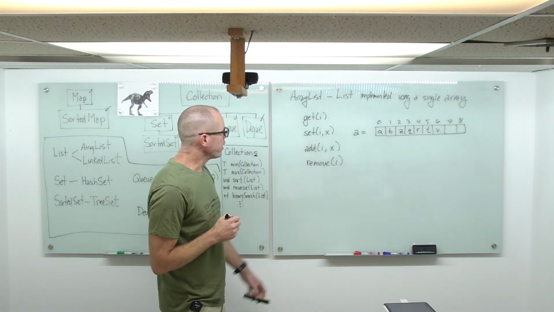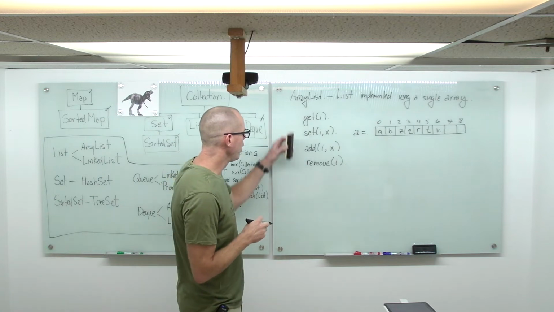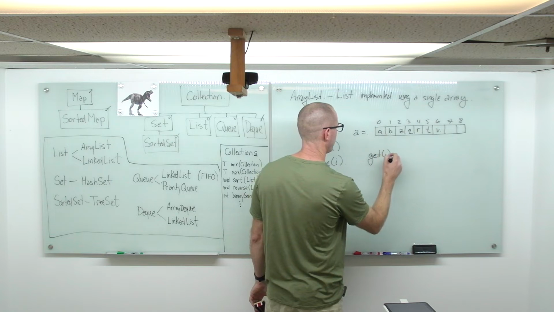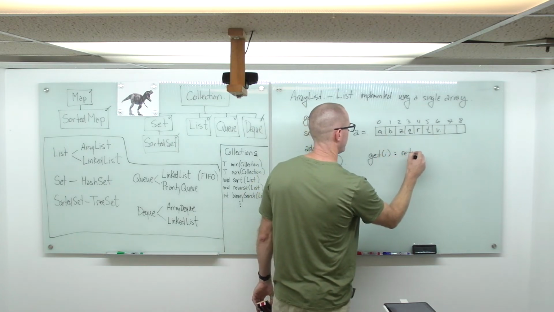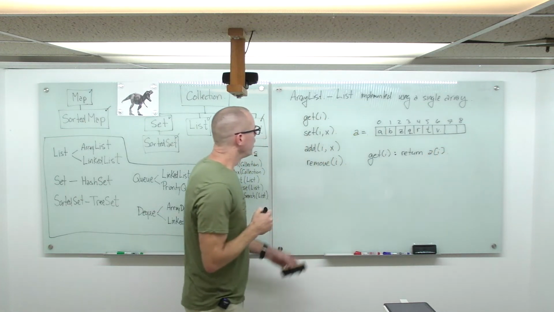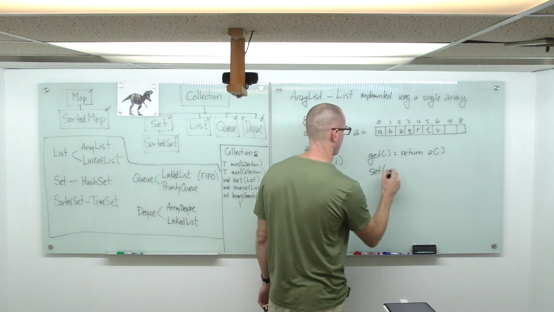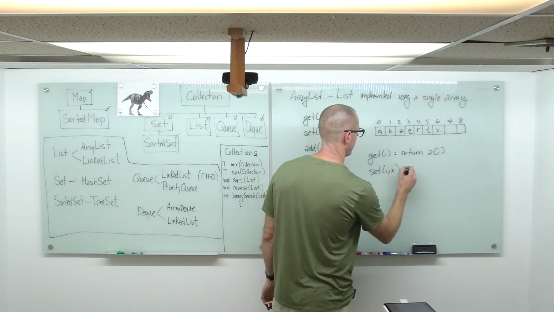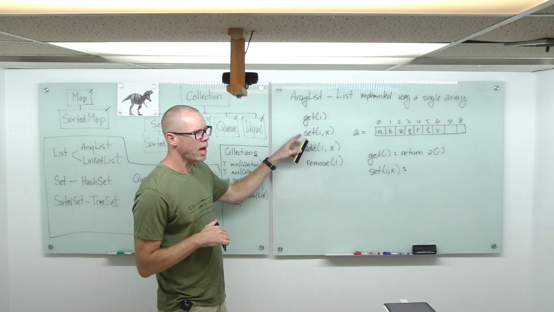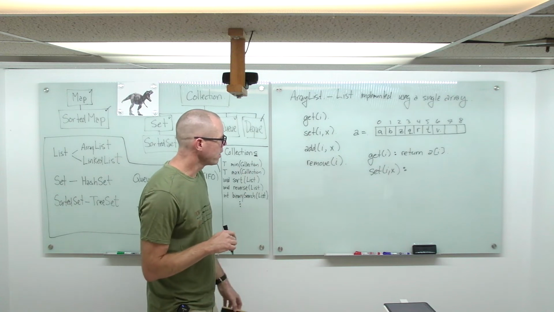Then you could very easily write naive implementations of at least these two. Get(i) just becomes return A at i. And set(i, x): the set method in lists actually returns the value that used to be stored there, so it takes a couple of lines.